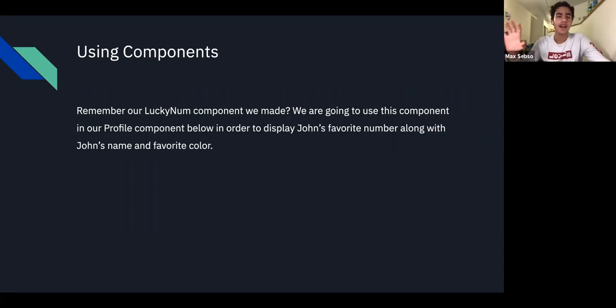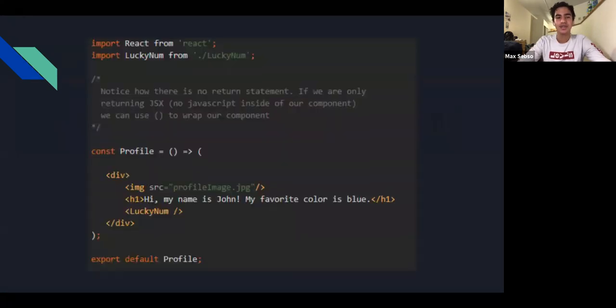So he has this other file over here that he wants to display his lucky num with. The other file is called a profile component. In this profile component, John's going to display his name, his favorite color, and his lucky number. So let's take a second to look at what that would look like.